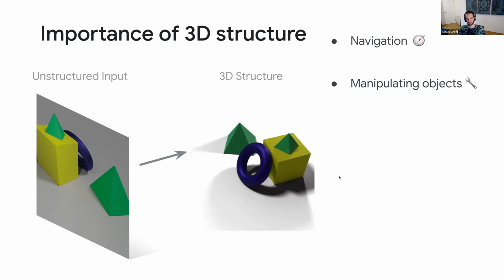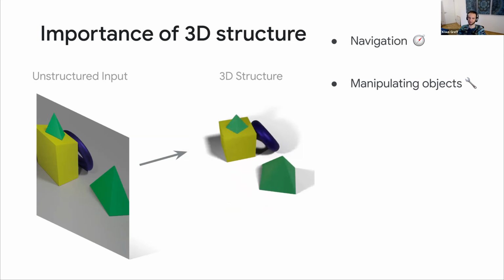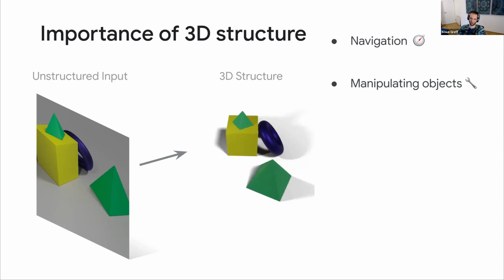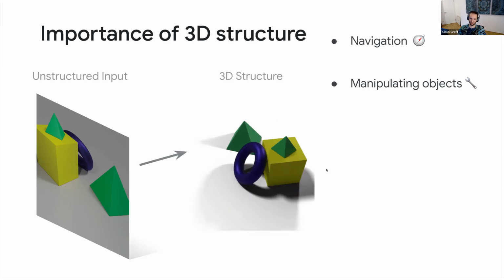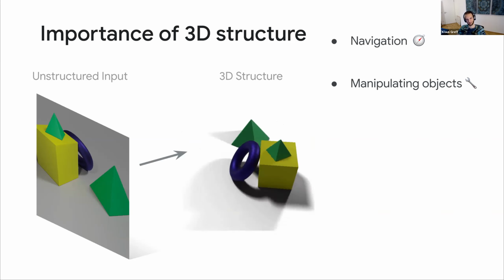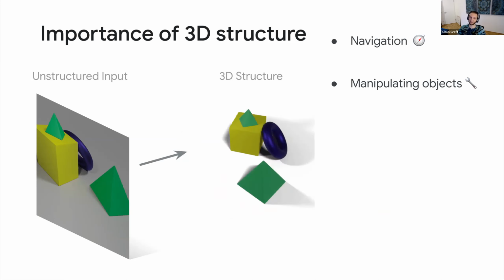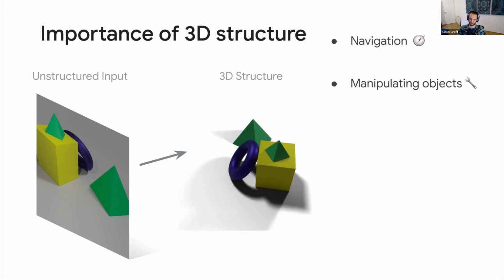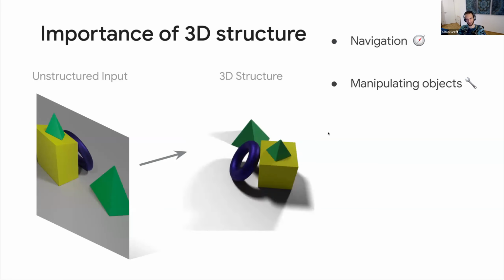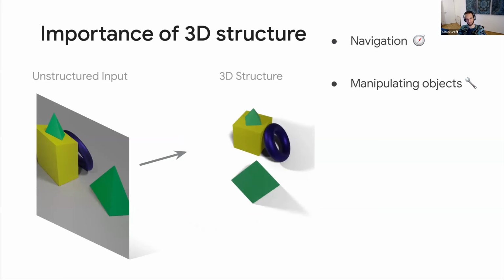For these tasks, just knowing which region in the image corresponds to the object is not that helpful. We need to know where in 3D space the object is, which parts of the object are stable and grippable, what the shape of the object is, and what the affordances are.